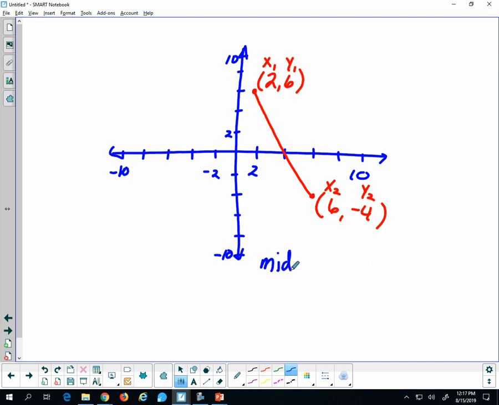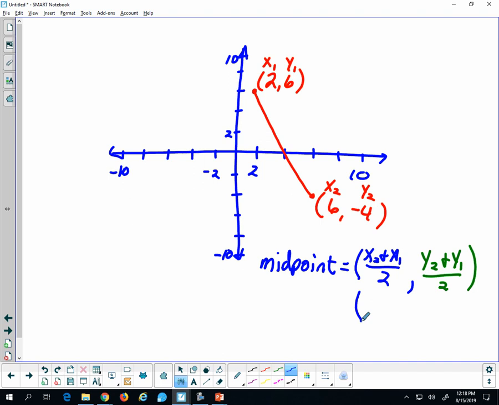I'm going to take the average of my x-coordinates, so x2 plus x1 over 2. And then I'm going to take the average of my y-coordinates, so y2 plus y1 over 2. And once we calculate those two different averages, that will give us the x and y pair for our midpoint.